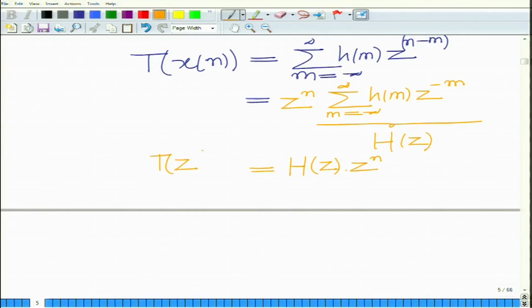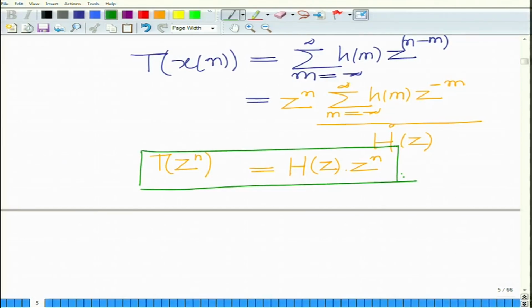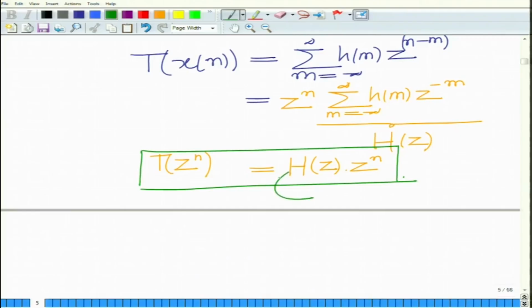If the input x of n is z to the power of n, the output is simply H of z times z to the power of n, and therefore we say this is an eigenfunction, because the output is simply a scaled version of the input. This is known as an eigenfunction of the transform.